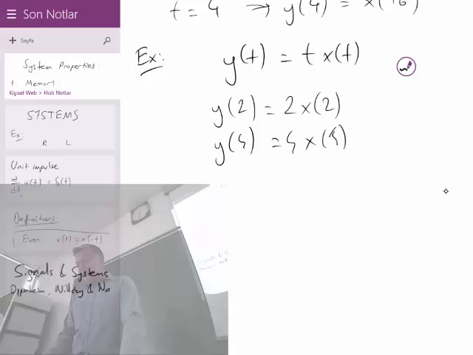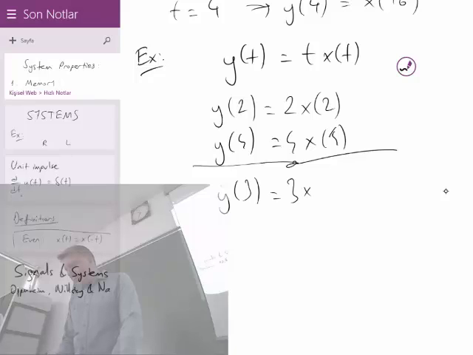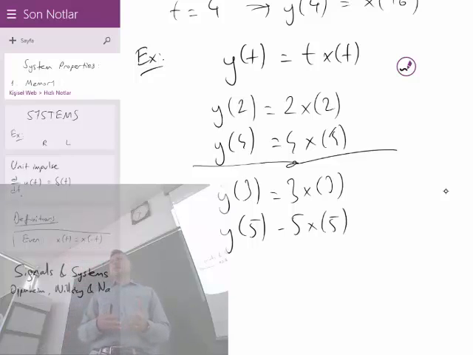The difference between these two time output instances is just separated by 2. Now think of another case. Let's say y3 is equal to 3 times x of 3, whereas y5, again a 2 shifted version of that, is equal to 5 times x of 5. So the scale is arbitrarily changing, and you have to know the time instant.